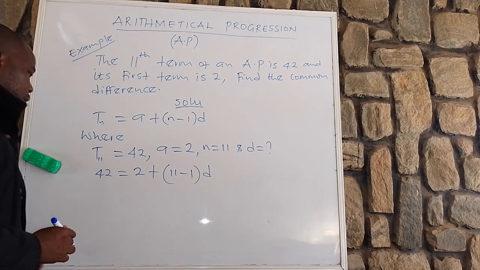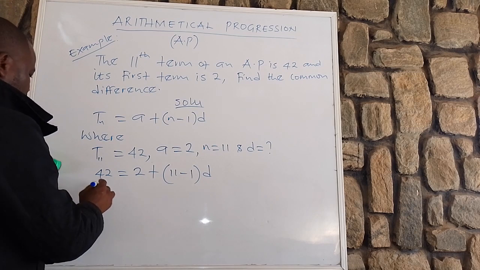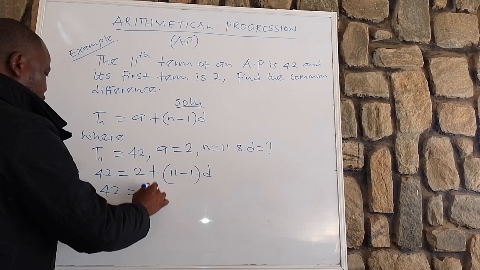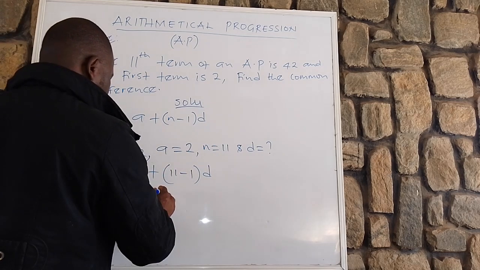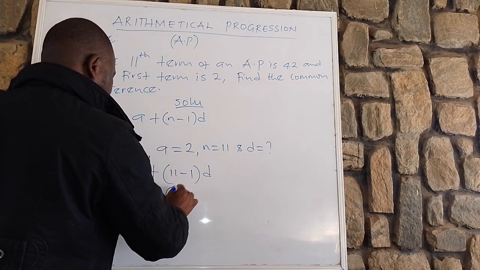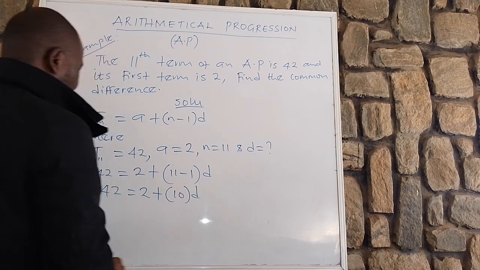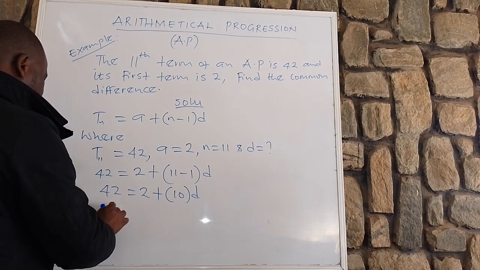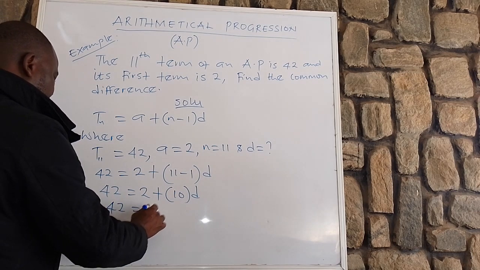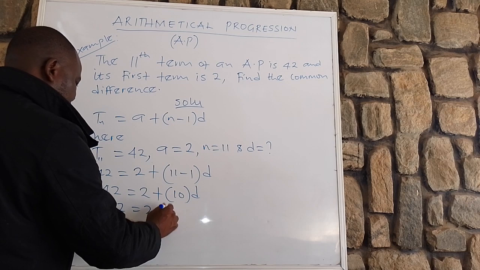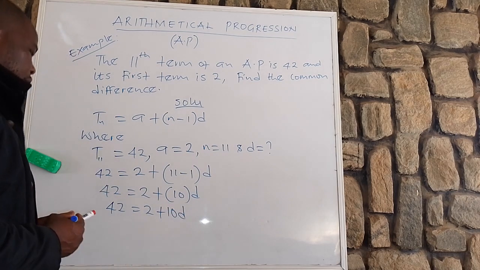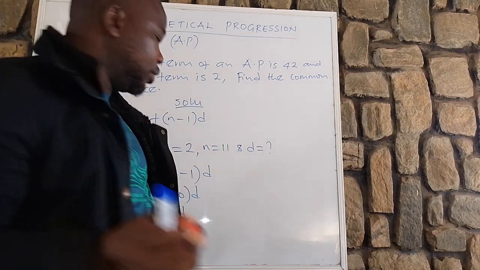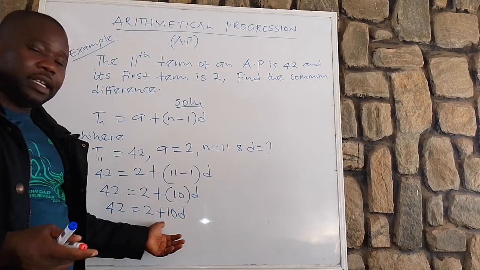So 42 equals 2 plus 11 minus 1, which is 10. Now let us multiply this bracket: we are going to have 10 times d, 10d. This is now a linear equation.